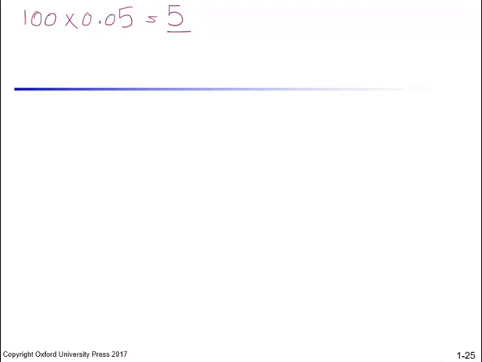So at the end of the year, we receive our initial investment, the original money, plus the interest, that is 105.